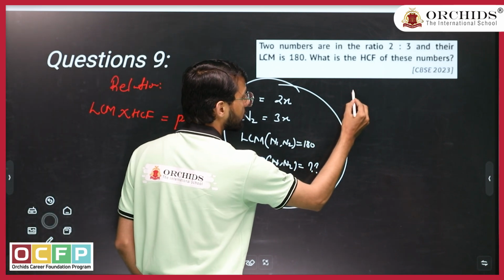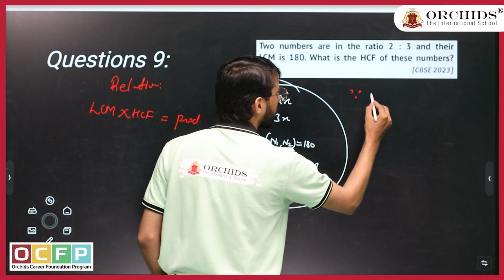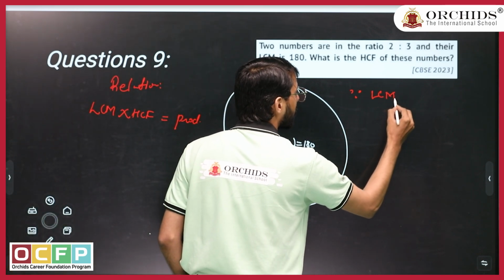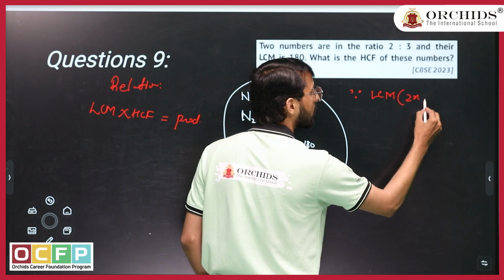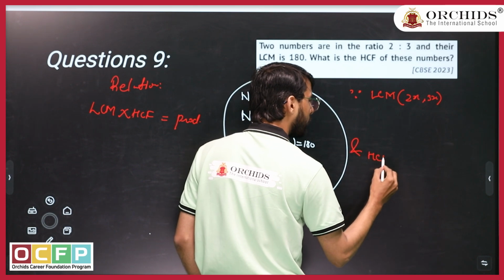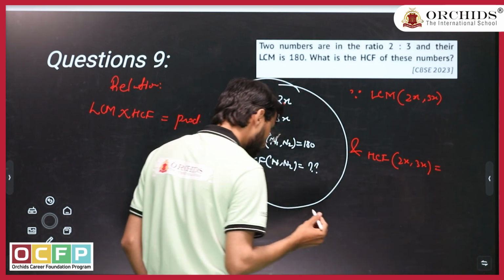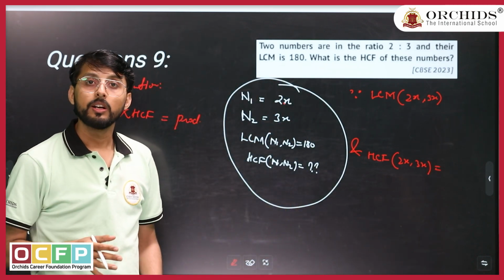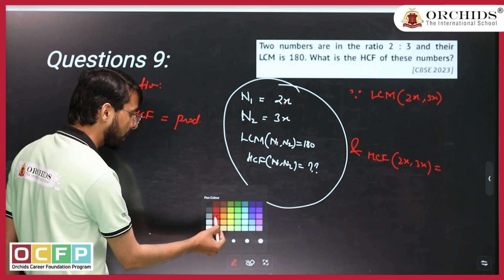So first of all, instead of directly substituting the value, first find the LCM of 2x and 3x and the HCF of 2x and 3x. Since 2 and 3 are prime numbers, x is the only thing common in both, because two different primes can't be common.